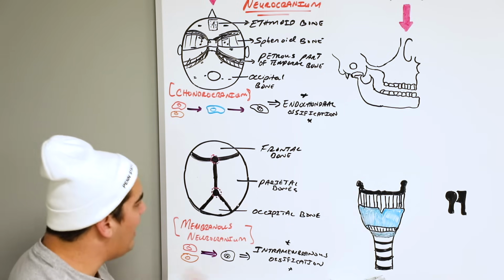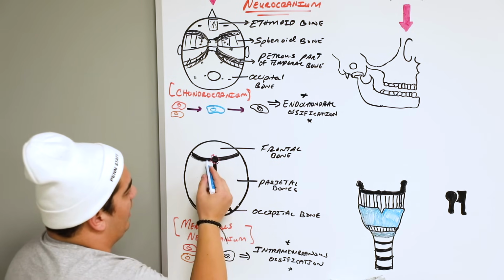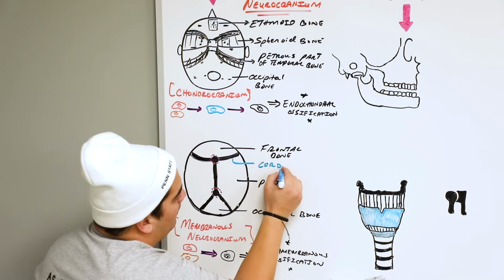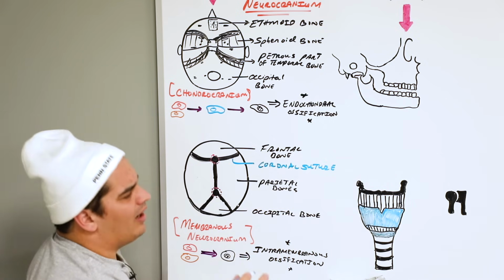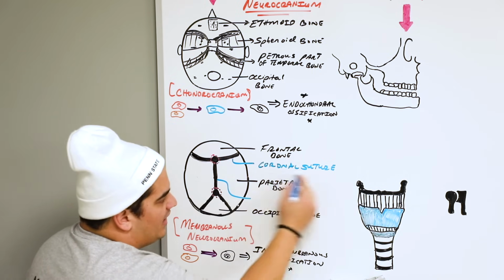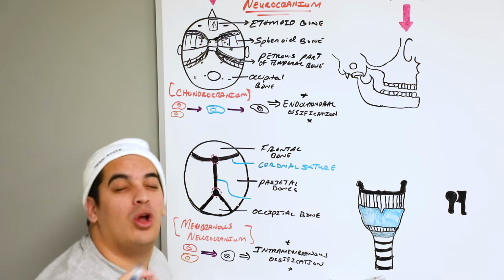Okay? Now, I want you to remember these sutures because they help to separate things. This suture here is called your coronal suture. These are important clinically, and we're not going to go into all of it, but there is importance to these sutures if they close too early.